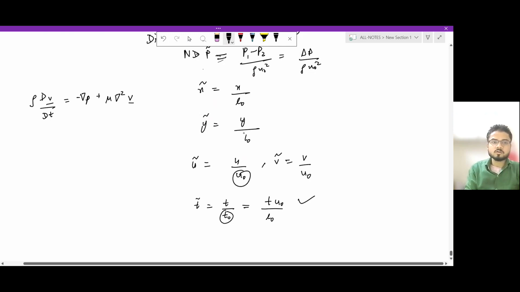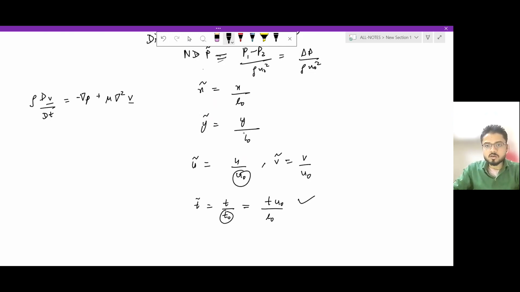Yeah, perfect. So for ease of understanding, another thing I'd like to do real quick is how to handle this now. Rho is done. Rho does not need to be non-dimensionalized, and v vector is a velocity field.